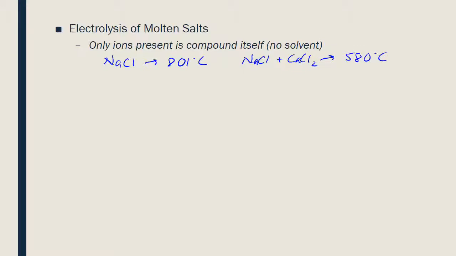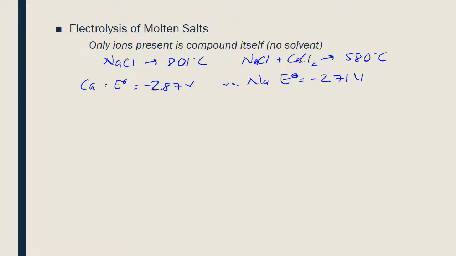That's doable. The reason we can use calcium chloride is that if you look at calcium's E theta value for its reduction reaction, it's negative 2.87 volts, versus sodium, whose E theta value is negative 2.71 volts.